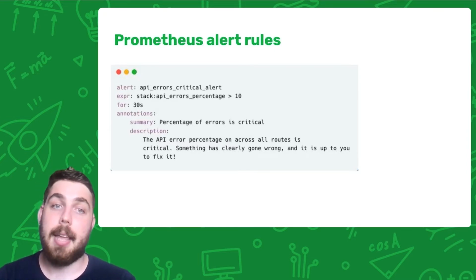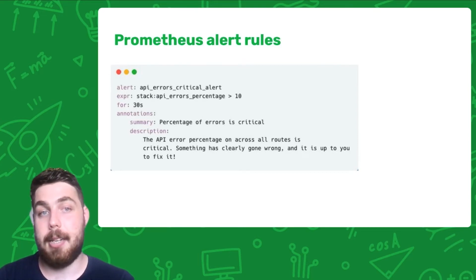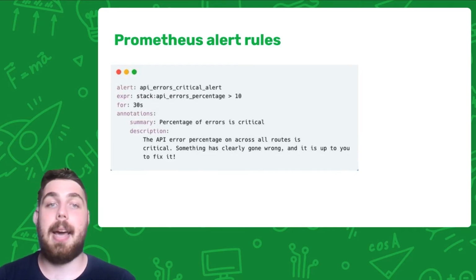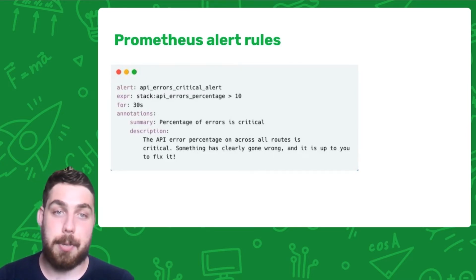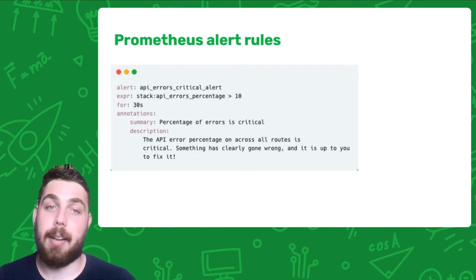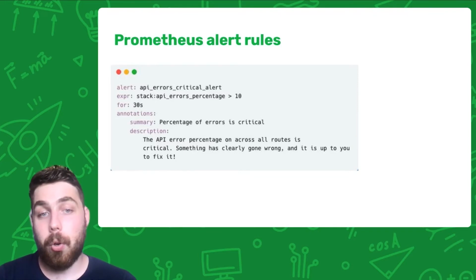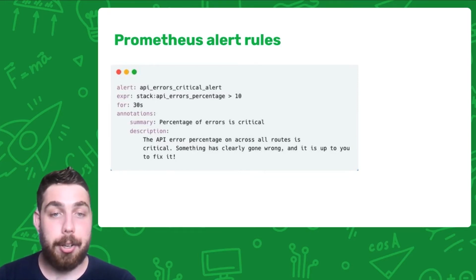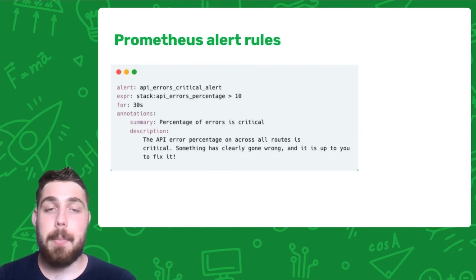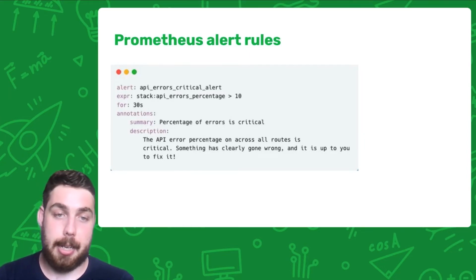So this says that if the API errors percentage is greater than 10 for 30 seconds, the alert will fire. Then we have some annotations, the summary and the description, which give the alert a bit of flavor when it wakes you up in the middle of the night. And you can also have some labels, and they're really useful for filtering, but they can be pretty company specific, so I'm not going to dig into them here.